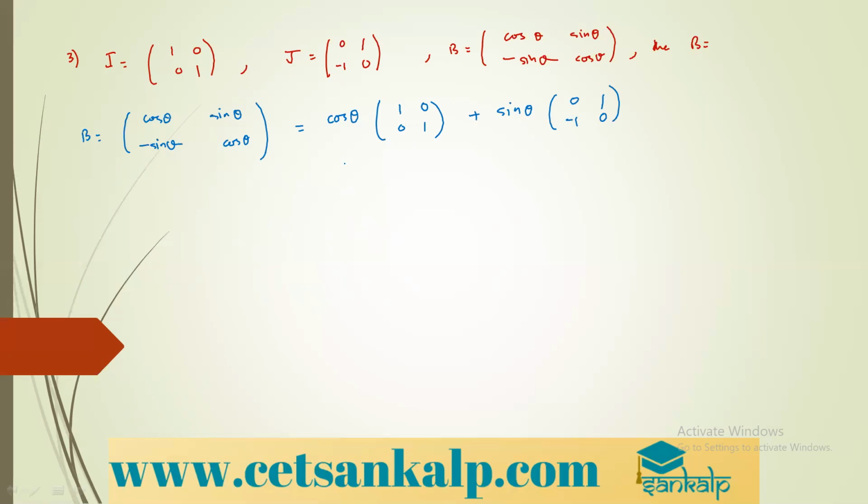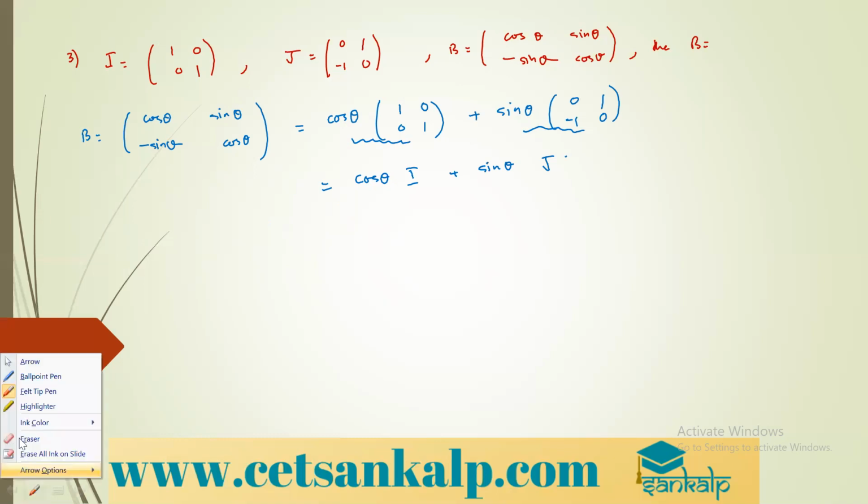That means I will write it as cosine theta I plus sine theta J. If you want, you can verify. You can see if I multiply and add, will I get this or not? You can check it.